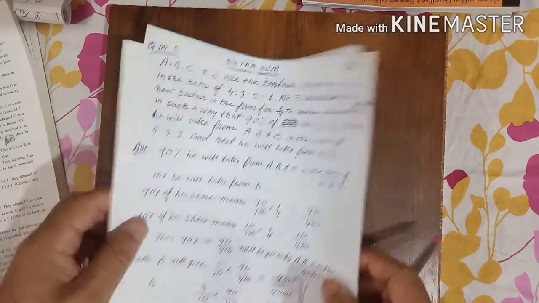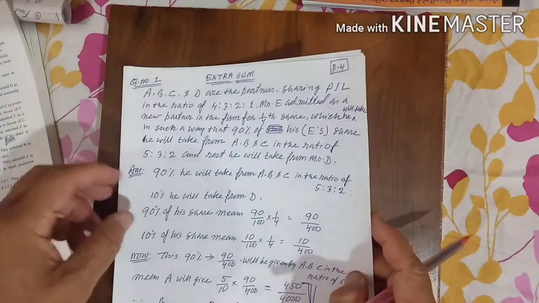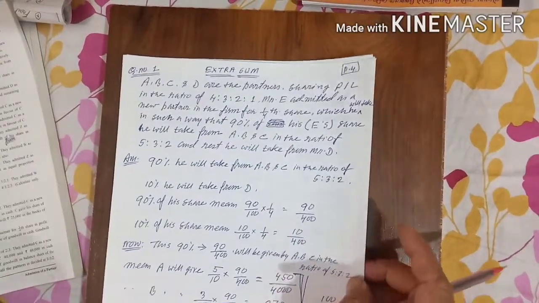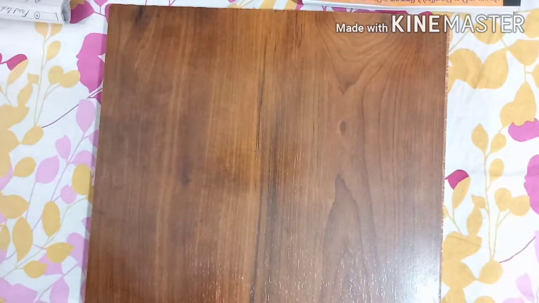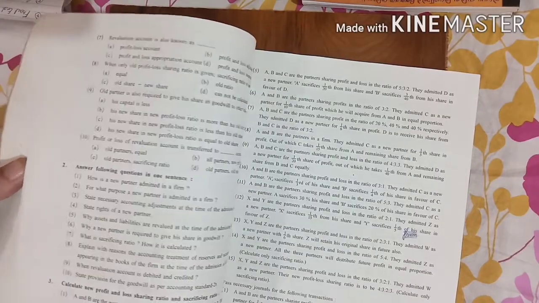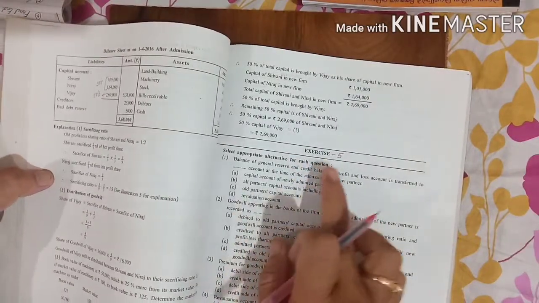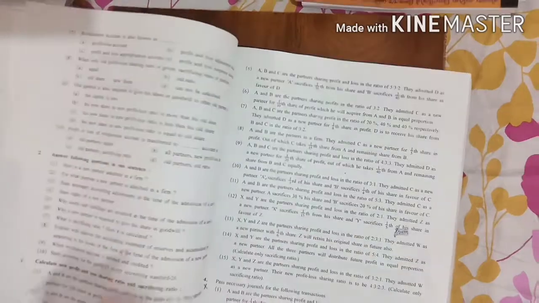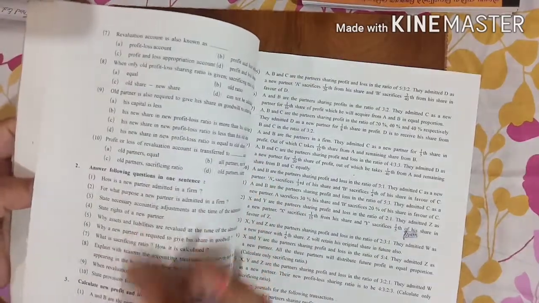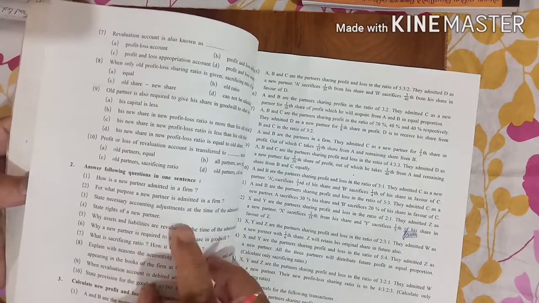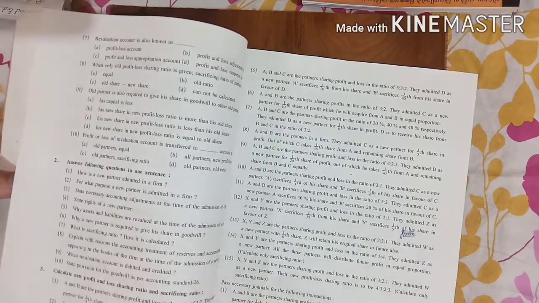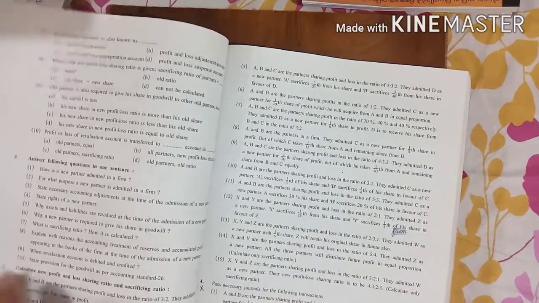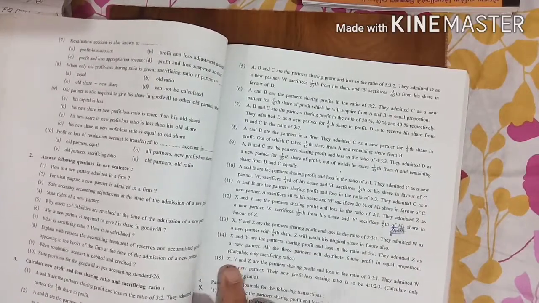In your textbook, on page number 104 and 105, I told you that in each exercise the first question is the MCQ, which is for section A. The second question, 1 or 2 lines of theory, is for section B. From here onwards the practical sums start. From question number 3, you are getting a total of 15 questions.